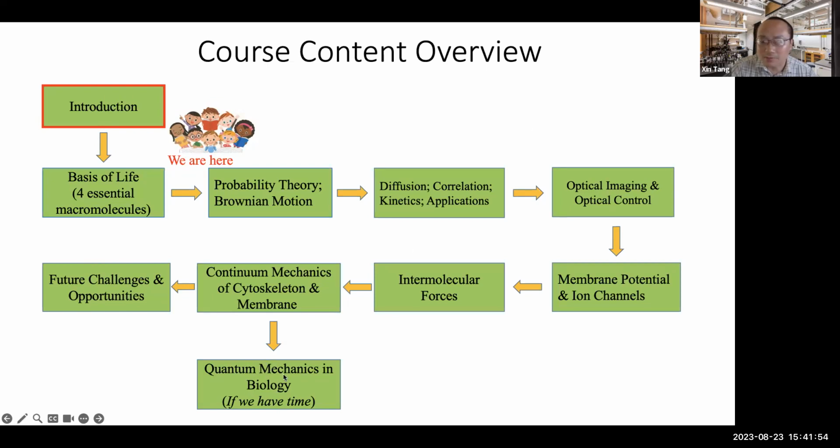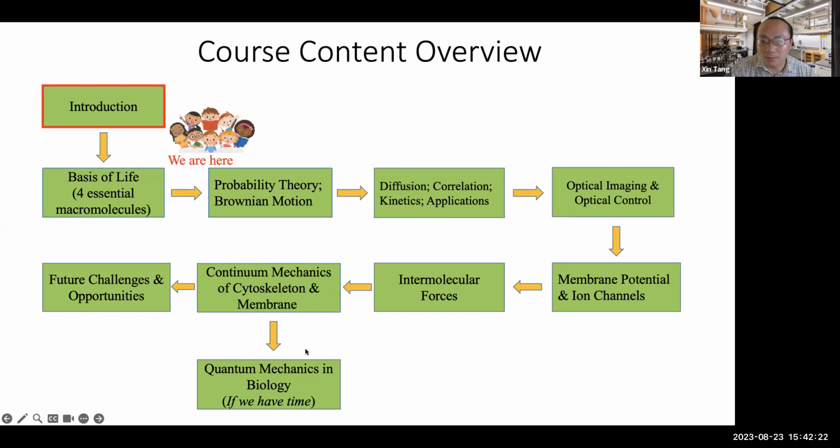Quantum theory is actually mostly useful at the molecular level. And so far, there are many sensors and actuators used in the cell, in biology, to help people explore life processes. Those sensors and actuators are based on molecules, based on proteins.